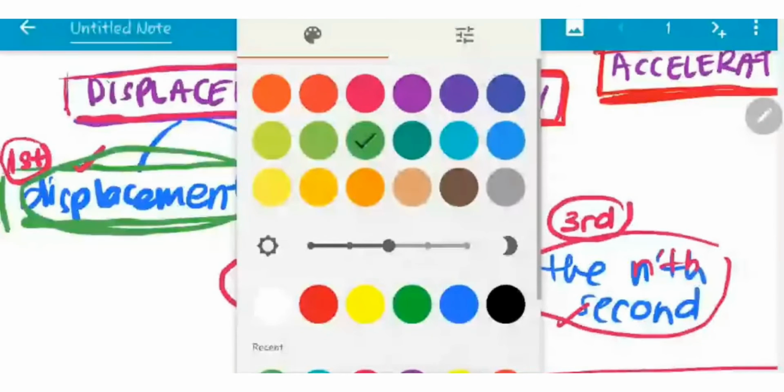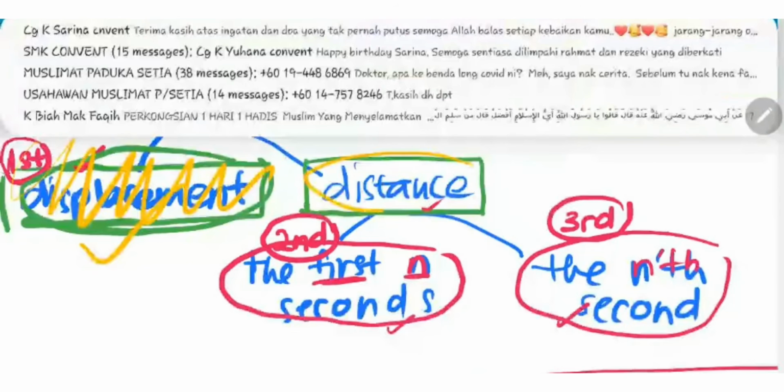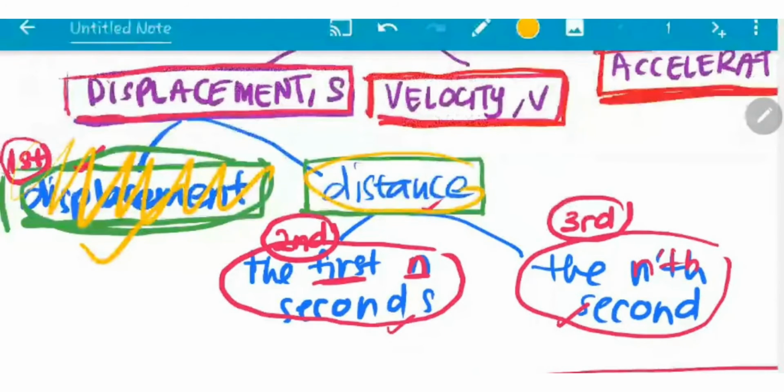Next, distance. Distance ada 2 jenis. There are 2 types of distance: distance travelled in the first and second, and the next one, distance travelled in the nth second. Dia ada beza. Dua tu dia tak sama. Okay, alright. So, I bagi you contoh.